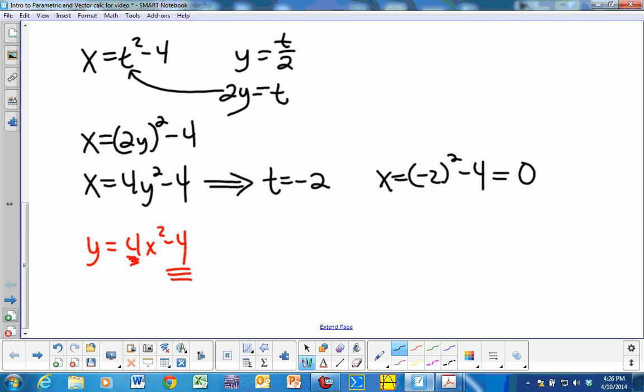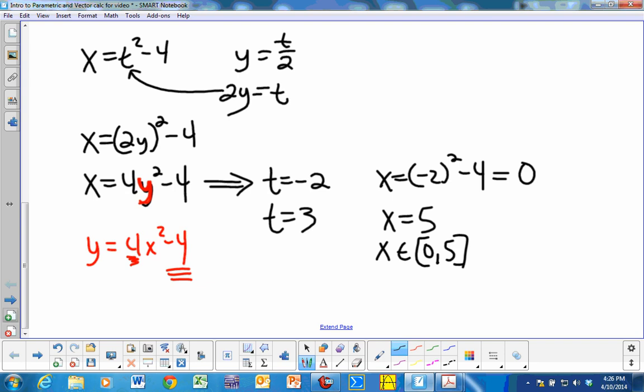So it means x would be going from 0, and then t is 3. So my last number there would be x would be 5. So that means I would have to say, yes, I can have that, but it has to be restricted where x is in the interval 0 to 5. But actually, since this equation has y acting like the independent variable, we need that restriction for y.